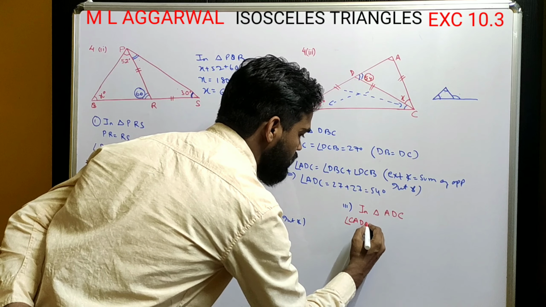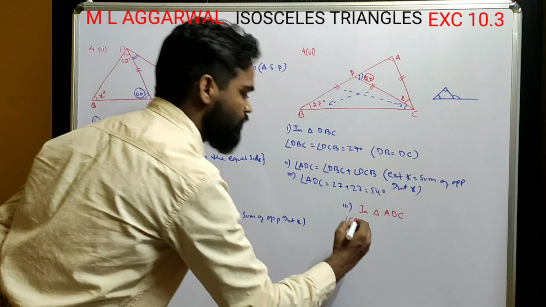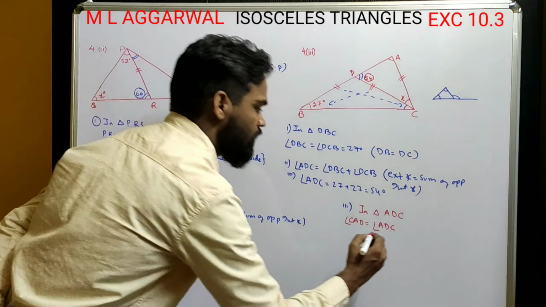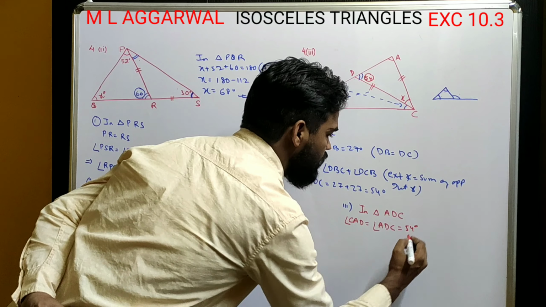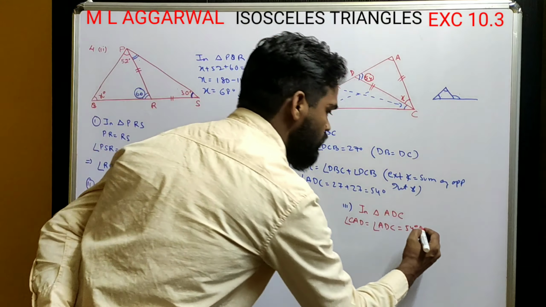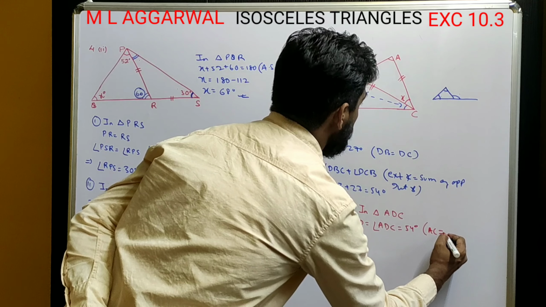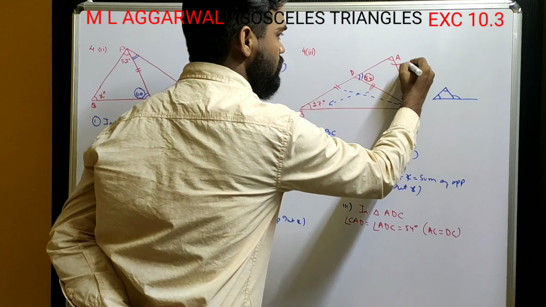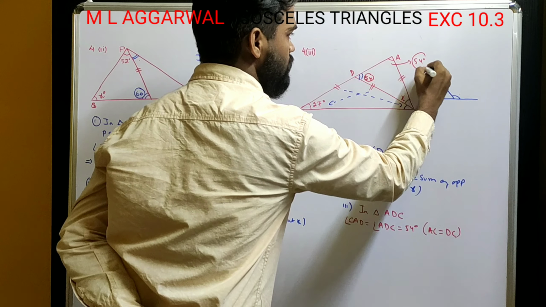Angle CAD is equal to angle CDA, or ADC, whatever, that is equal to 54 degrees each. Why? Because AC is equal to DC.